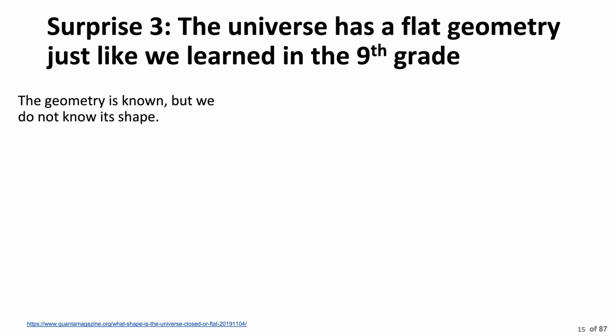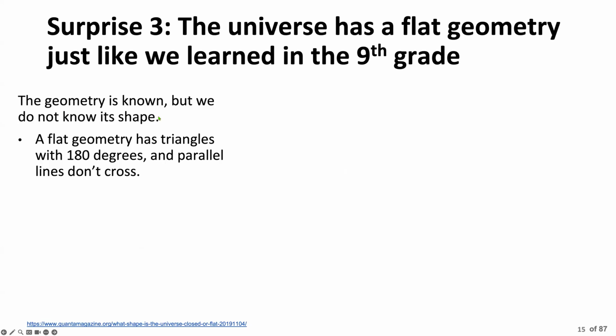If you measured the properties of parallel lines, if you projected two laser beams, for example, and followed them forever, you'd find they never cross. That is a property of plane geometry or flat geometry. The ancient Greeks invented the properties, understood the properties of plane geometry, and that's how our universe behaves. But we have to make a distinction.